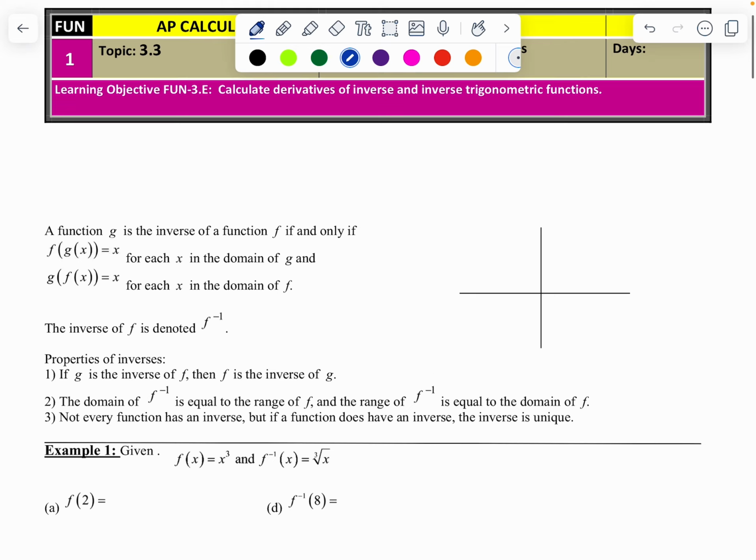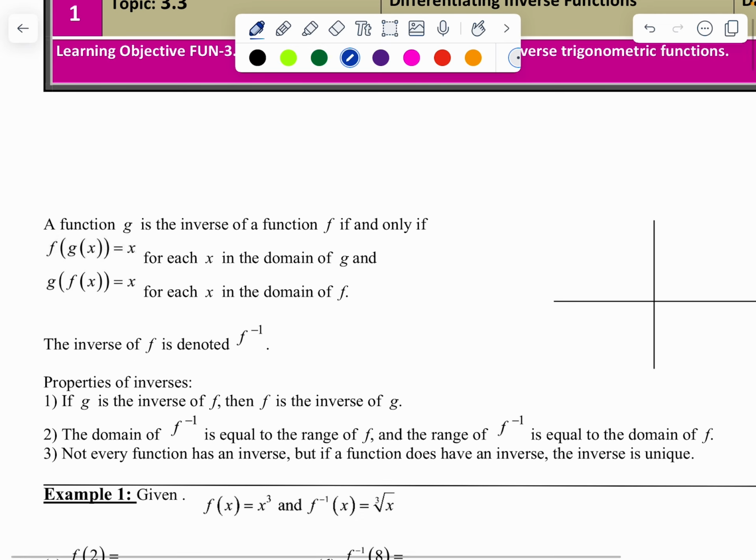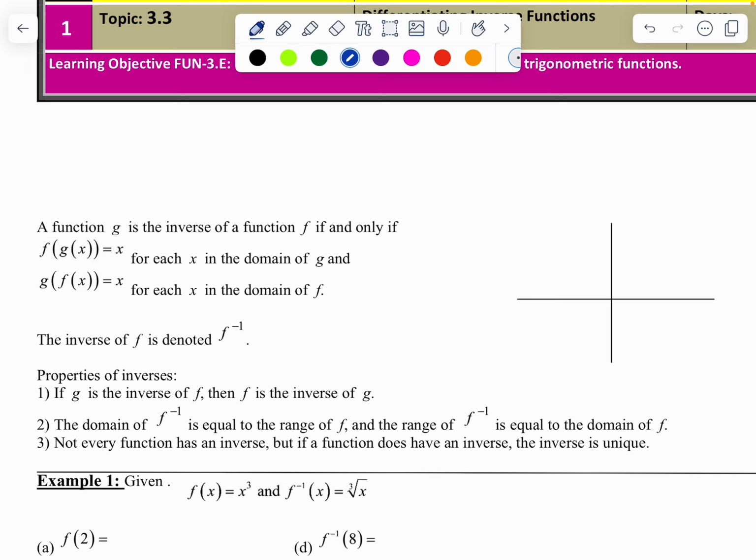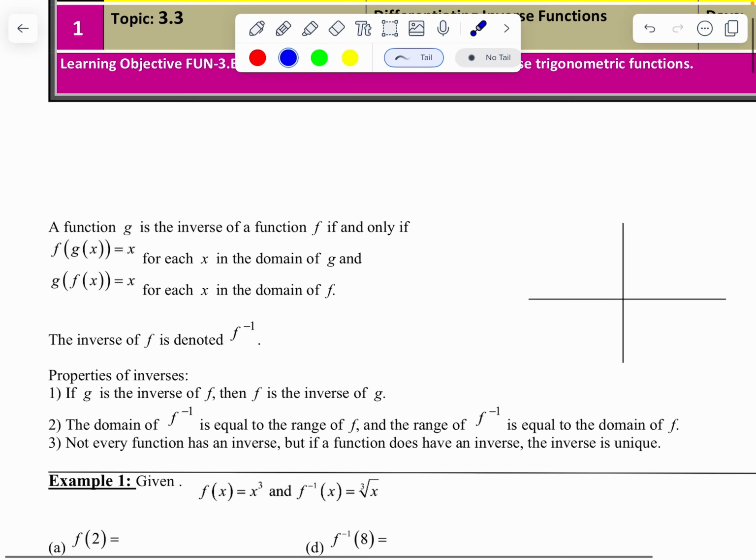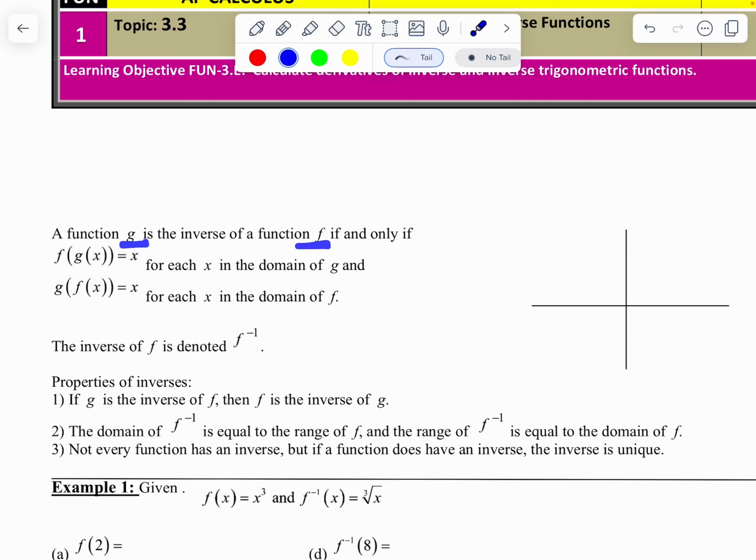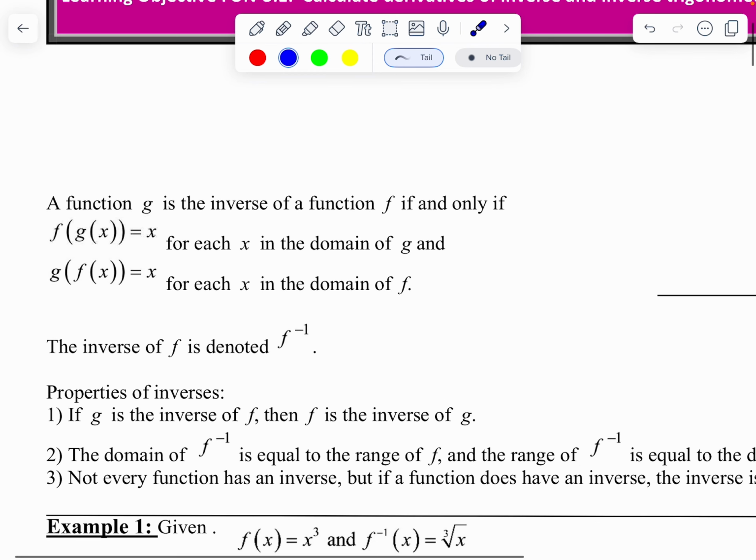So let's start for a moment just remembering what an inverse function is. If we have two functions, let's say we have the function g and a function f, we can say that g is the inverse of function f if and only if f of g of x equals x.